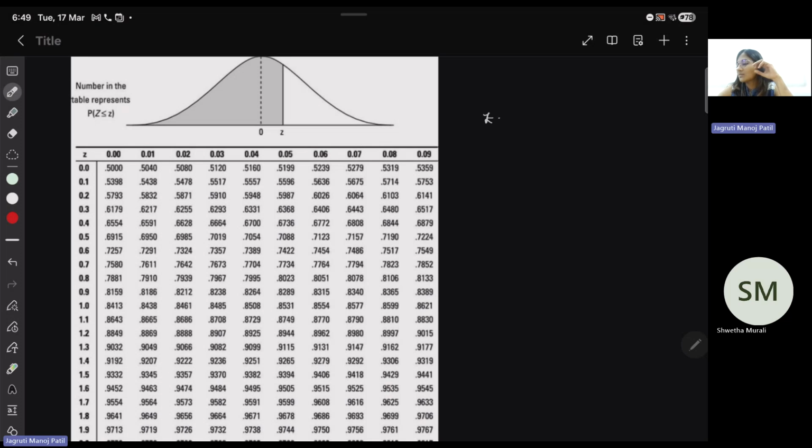If your z came as 0.55, you now need to compute the probability of z less than 0.55. How do you compute it? You go along the z to 0.5. From this 0.5, you go till this 0.505. So this is your probability. You write that the probability is equal to this number, 0.7088.